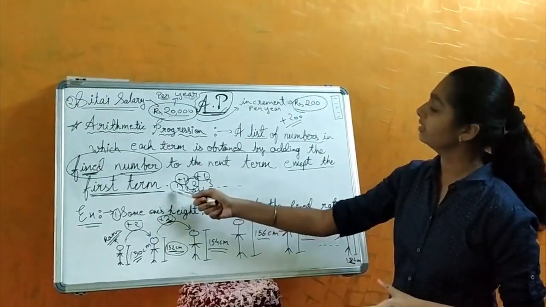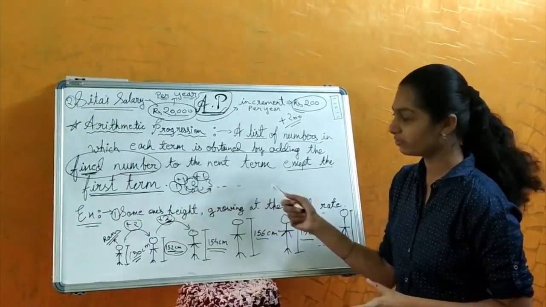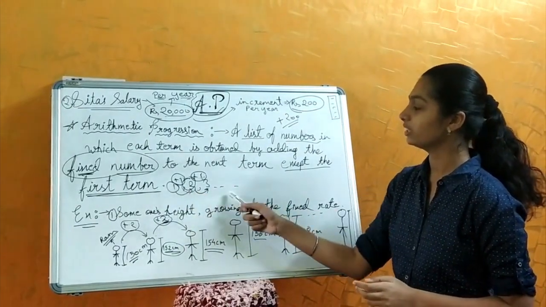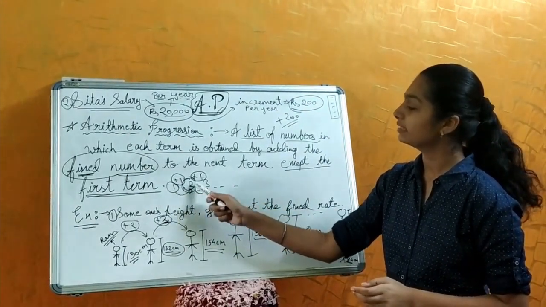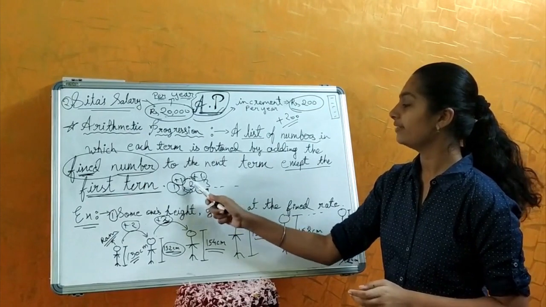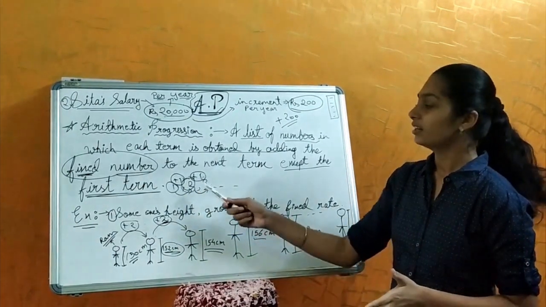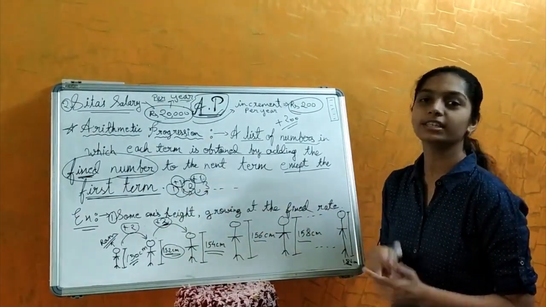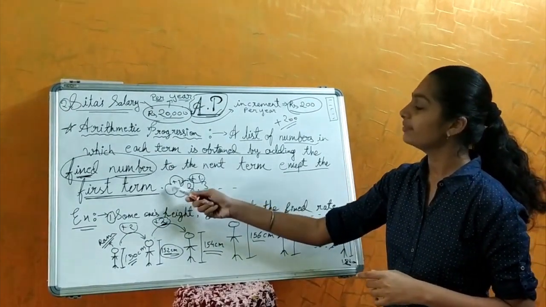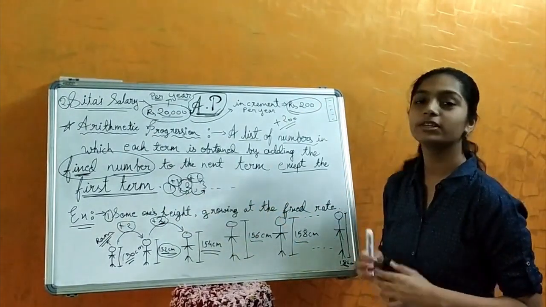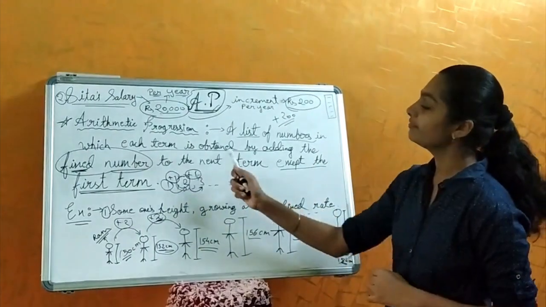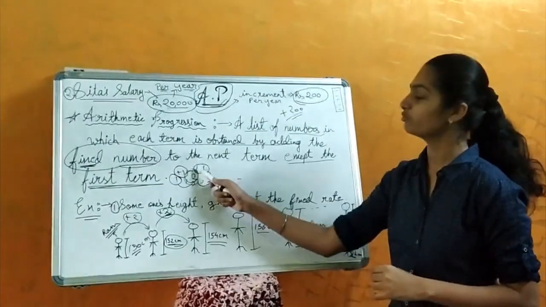This is the number series, a list of numbers, that is 1, 2, 3. What should I add to this number so that I will get 2? Is it plus 1? Yes. If we add 1 plus 1, we will get 2. So here the fixed number is plus 1.